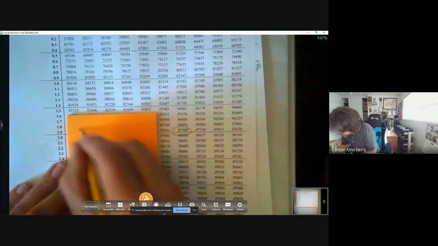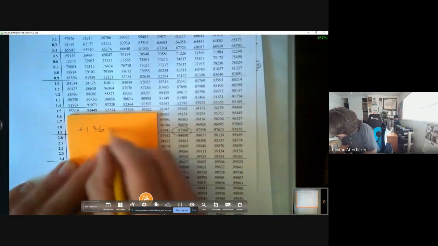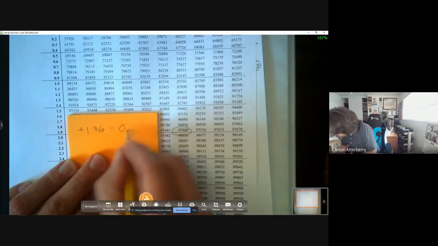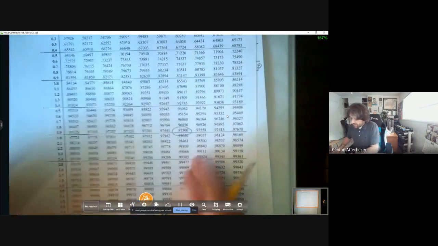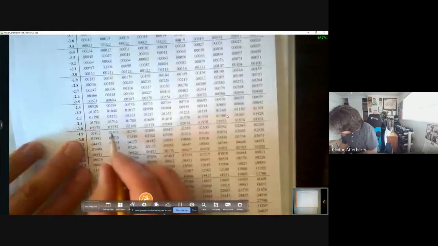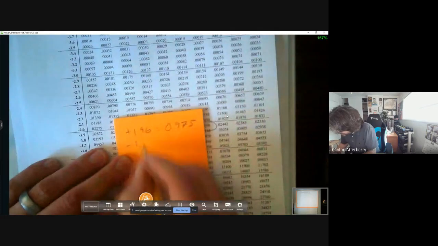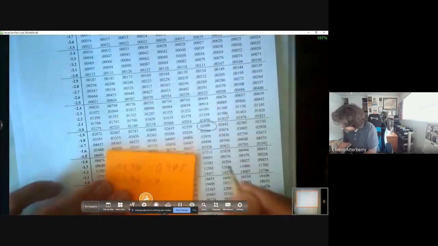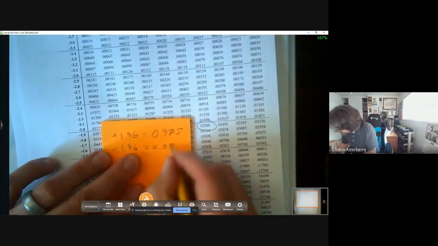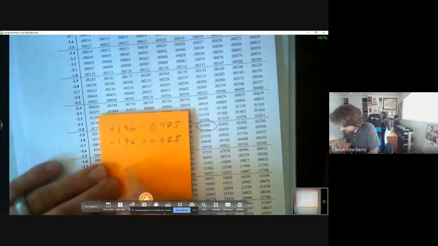So at positive 1.96, it's 0.975. If I go to negative 1.96, 9, 0, 1, 2, 3, 4, 5, 6. At negative 1.96, I get 0.025.